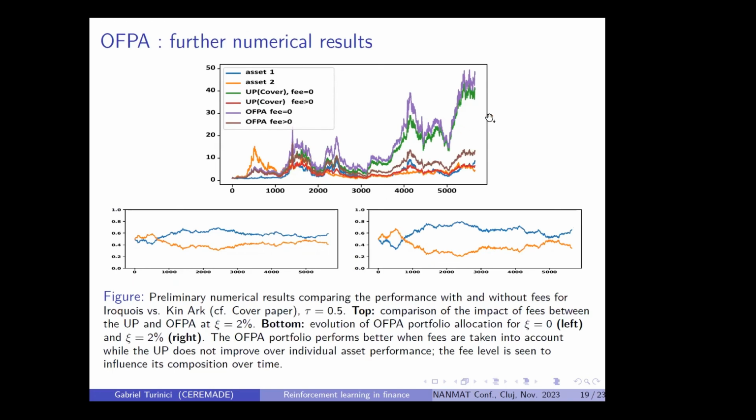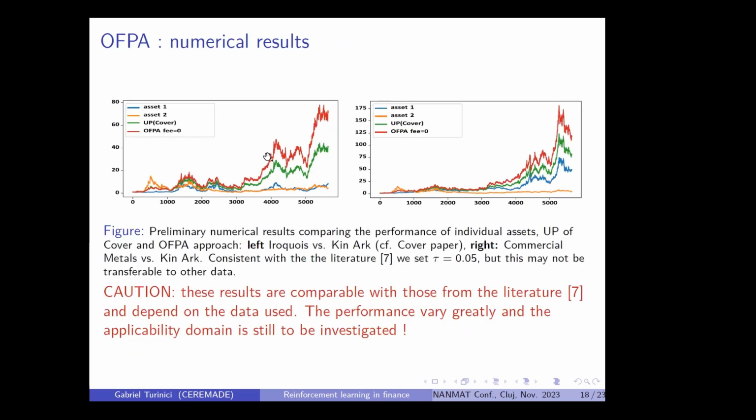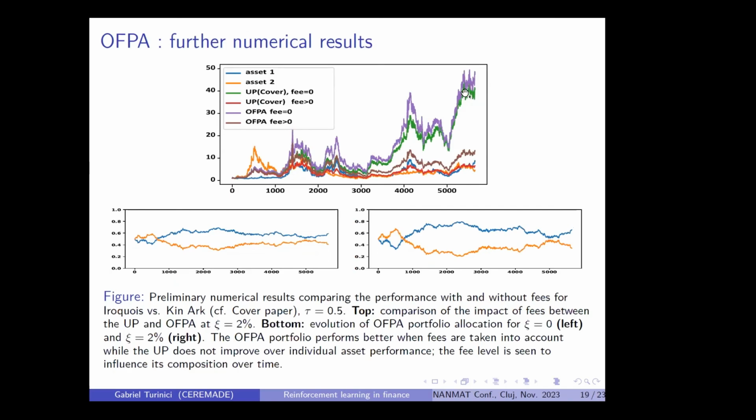What about transaction fees? Here, the way to understand this plot is the same as at the left. So these are the two assets, and they are combined. It may be counterintuitive that by combining assets that have a reward of about 8, you obtain a reward of 40, but it is possible. And you see the transaction costs lower this.